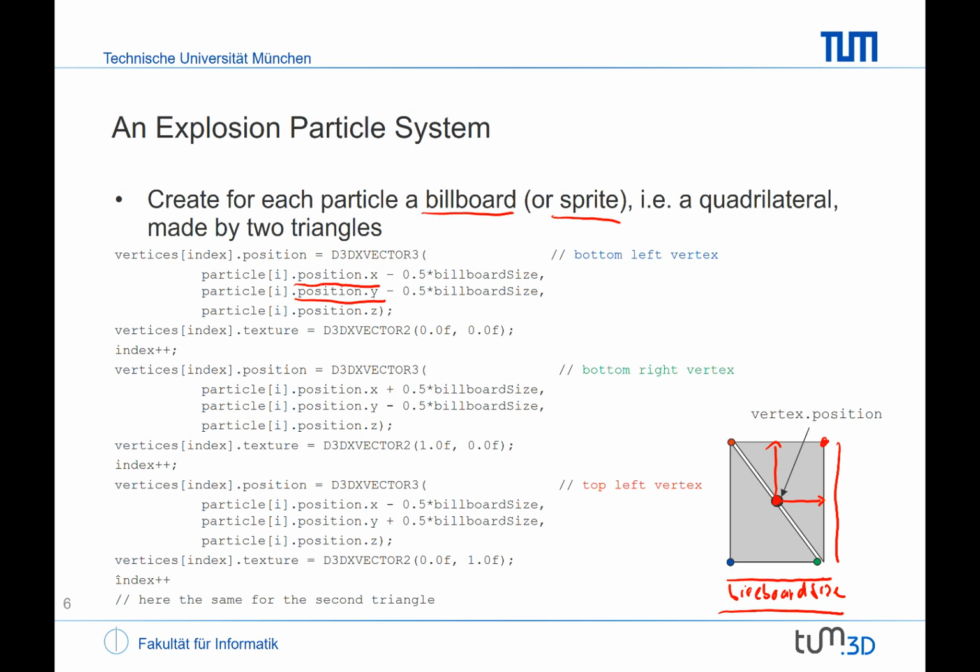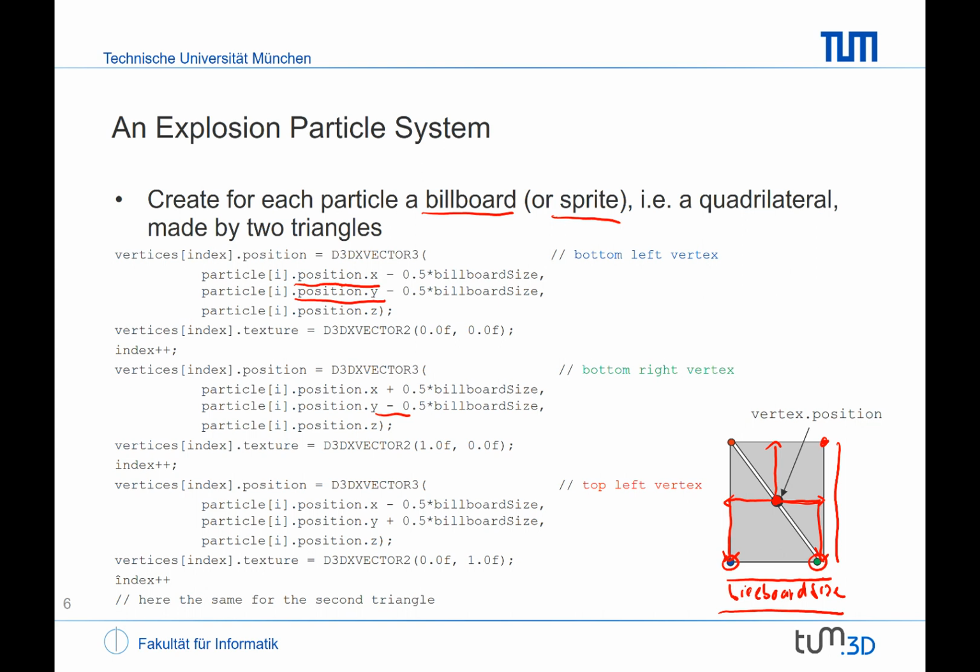And if I do this simultaneously, now making a step of minus 0.5 and minus 0.5, then I obtain the corner point here, the bottom left vertex. If I go plus 0.5 times the billboard size along x and minus 0.5 times along y, I obtain the bottom right, the green corner point.